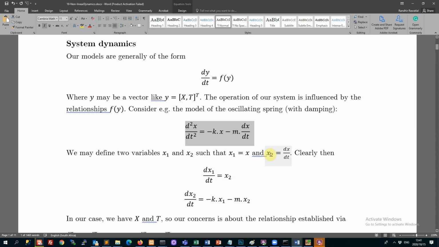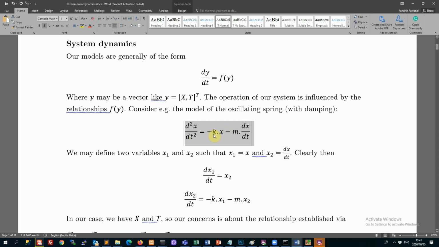So d/dt of x2 is going to be d2x/dt squared. So we can replace d2x/dt squared by d/dt of x2. And so that takes care of that term, and then we leave the rest the same.